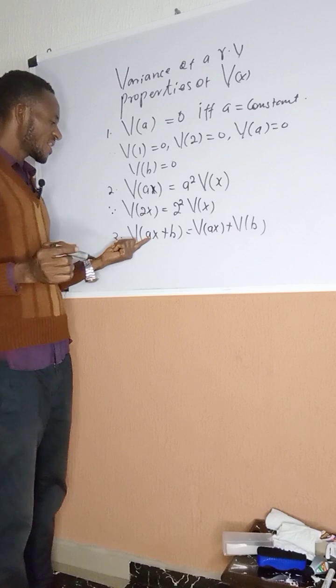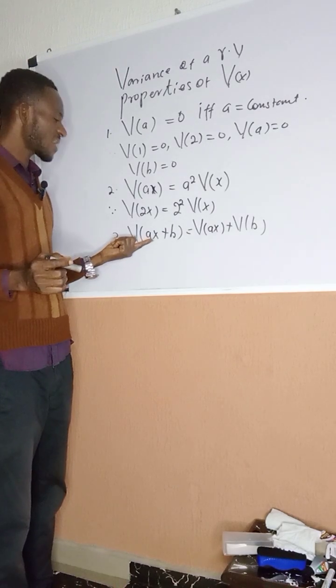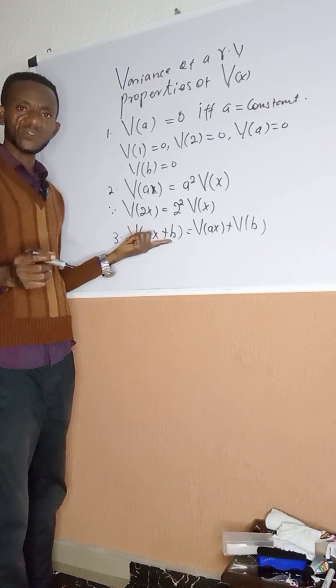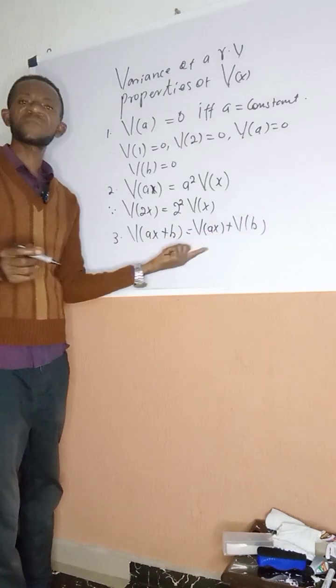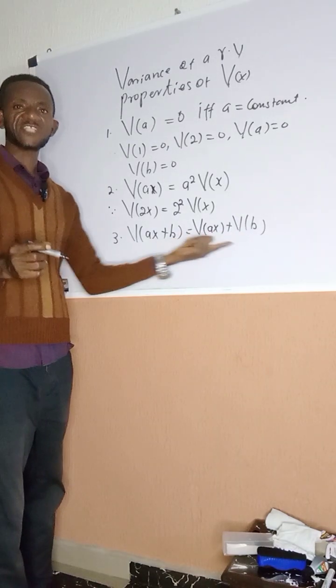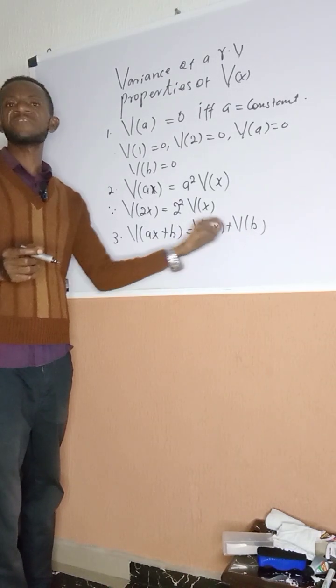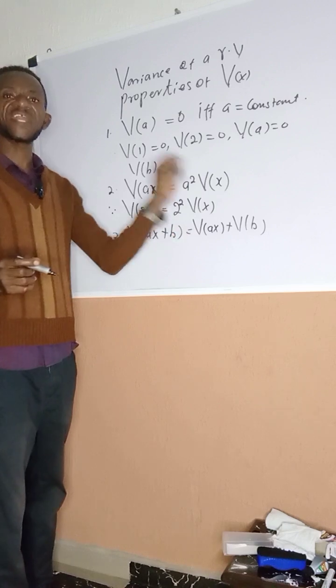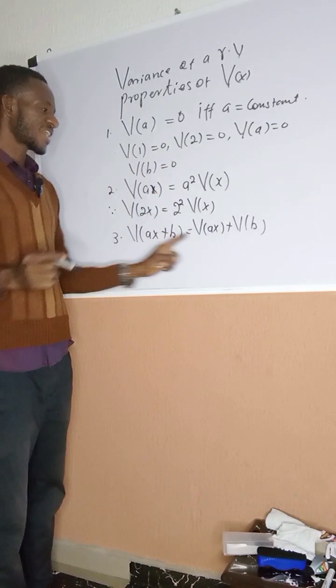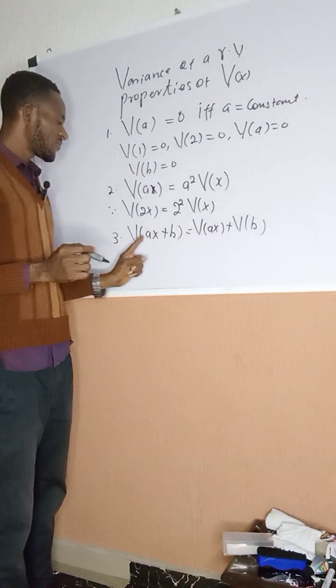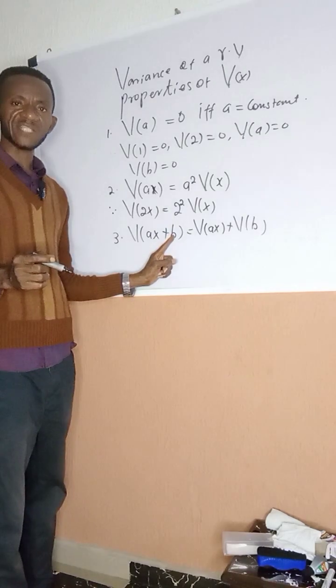Because if A is not a constant but a variable, and B is not a constant but a variable, it cannot be expressed like this. The expression is going to involve what we call the covariance term. But it can only be expressed like this if A and B are constants.